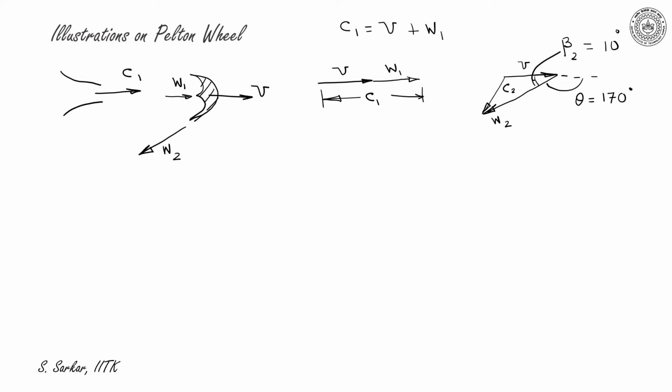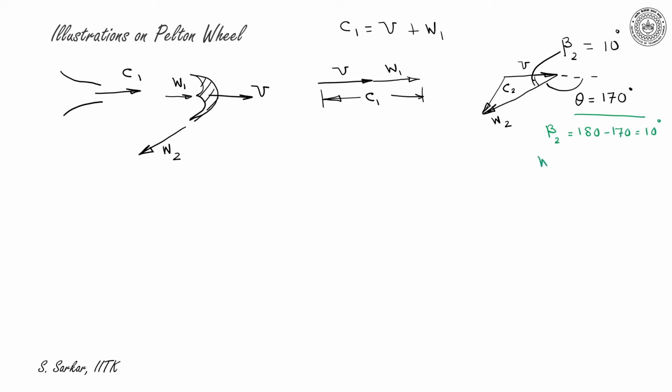Let me also assess what quantities have been given. As I have already told, theta is given as 170 degrees. So I can say beta 2 is 180 minus 170, that is 10 degrees.